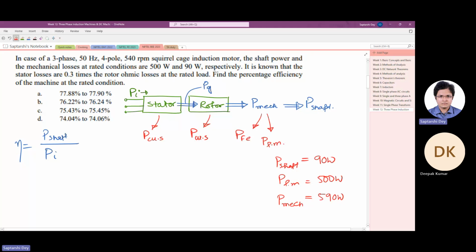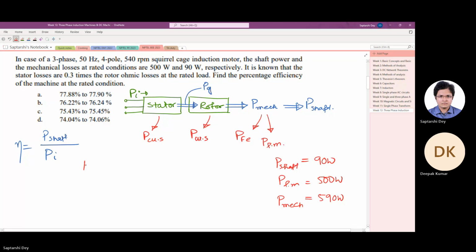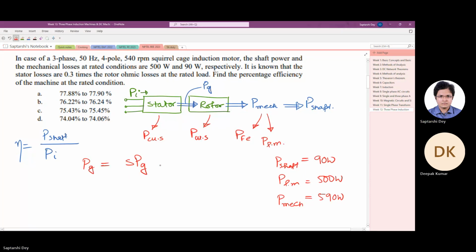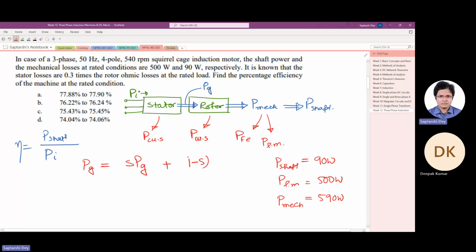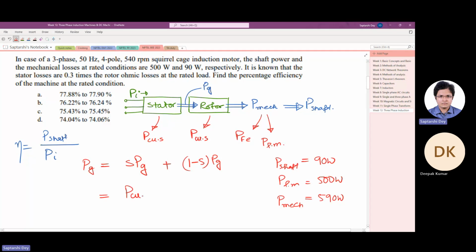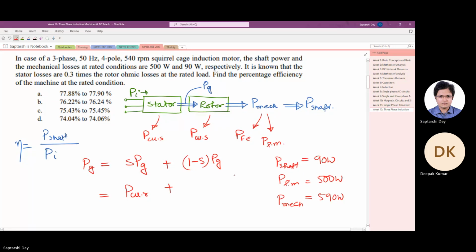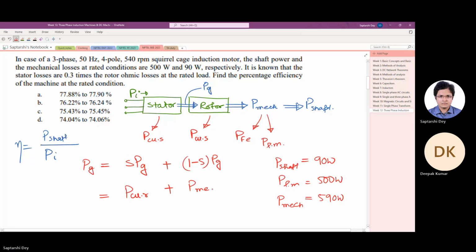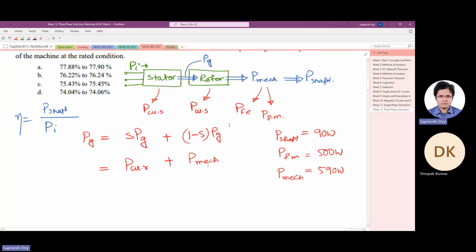Right now, for the rotor ohmic loss, the total power that comes to the rotor is Pg, and that is divided into two parts. One is S Pg, another one is (1 minus S) Pg, of which this one is the rotor copper loss and this one is Pmech, mechanical power.